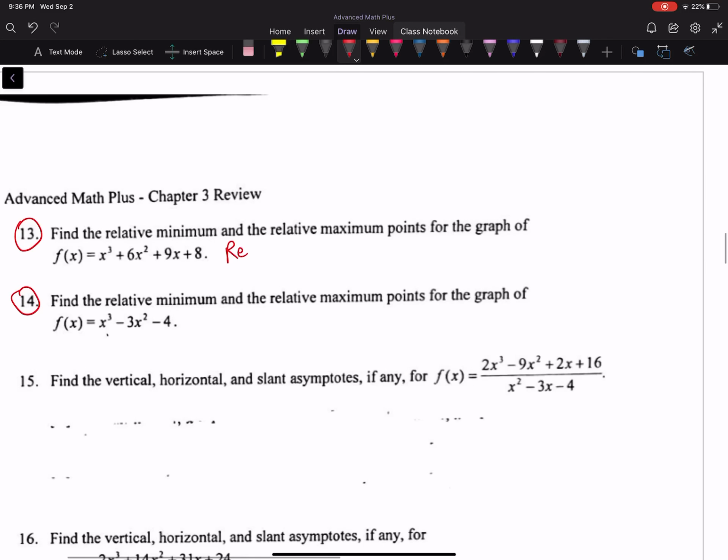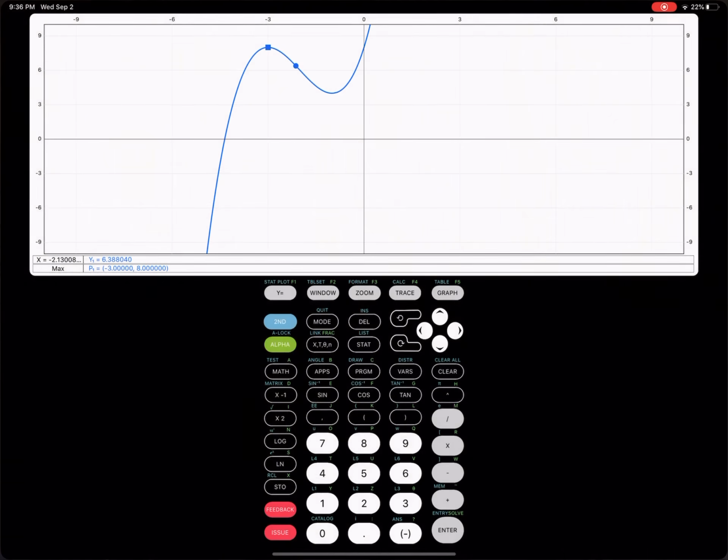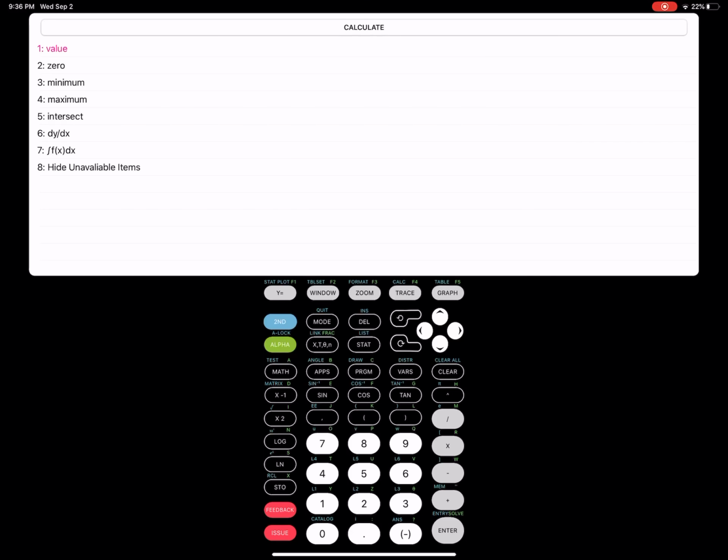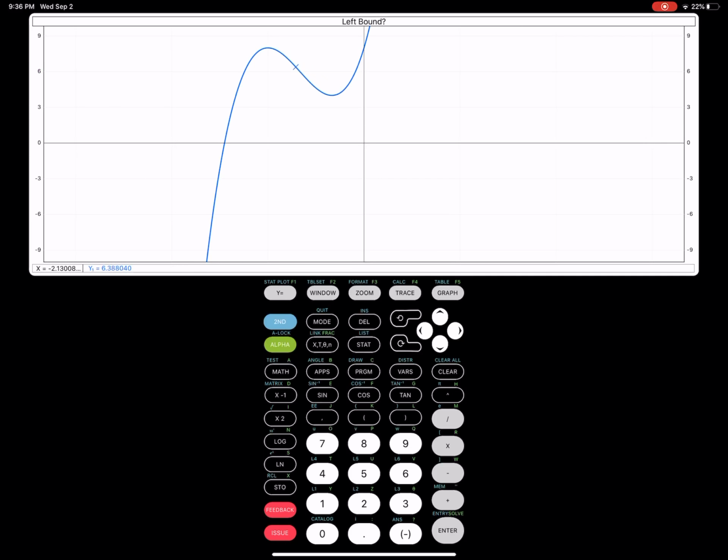So relative maximum, -3, +8. I have a relative minimum. Let's go back to my calculator and let's see. So I hit second trace, go to minimum this time, which is number 3, left bound. So I go left.